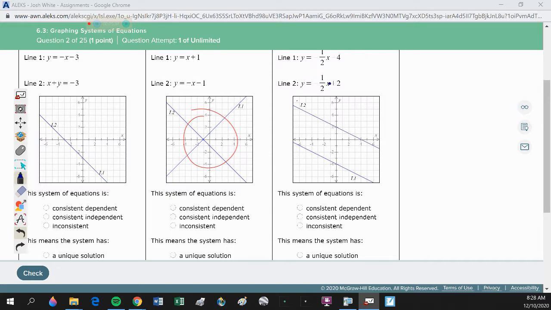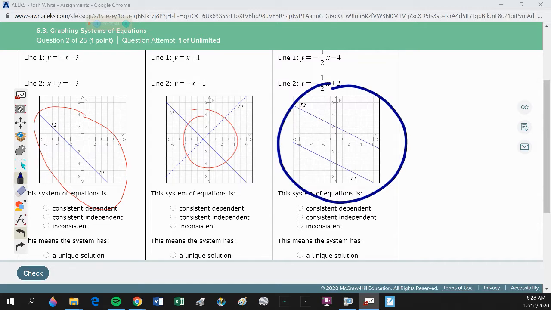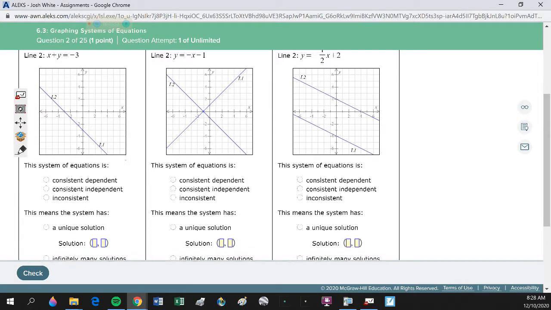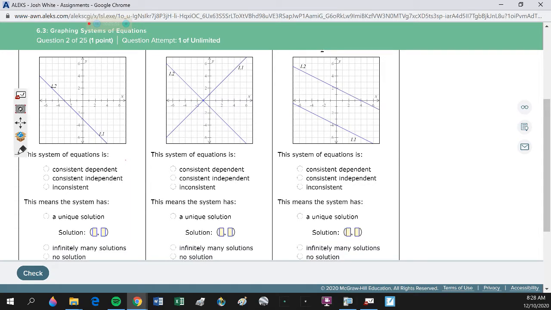We could have two parallel lines that never intersect, or it's one line right in the exact same spot as the other. Now, mathematicians like to do this funny thing called consistent, dependent, inconsistent, whatever. That's not really important.